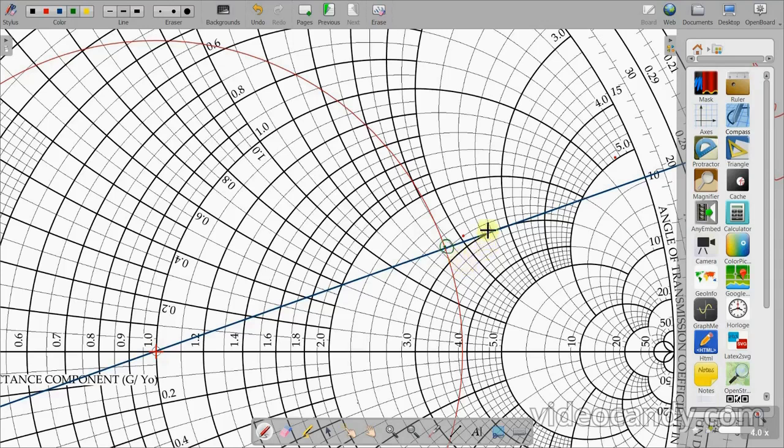You can see the point has been marked, and since it is admittance, we have to consider the real part as conductance and imaginary part as susceptance.